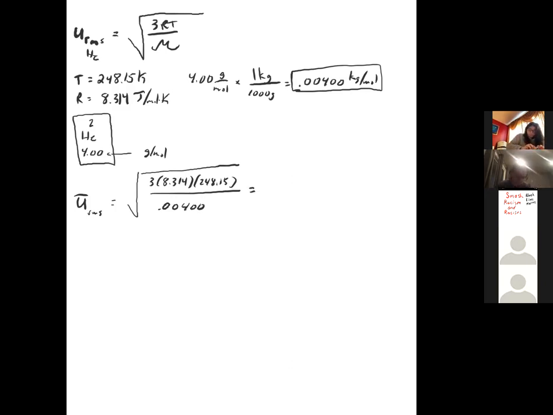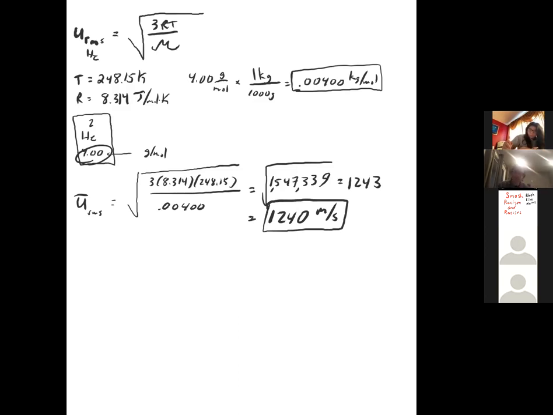So 3 times 8.314 times 248.15 divided by 0.004, and you get the square root. It's big. 1,547,339. Big number, but you've got to take the square root. That'll make it smaller. And you get 1243. I think there are only 3 sig figs in the molar mass, so I'm going to round it to 1240. And again, the units are meters per second.